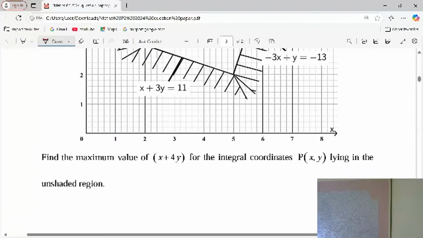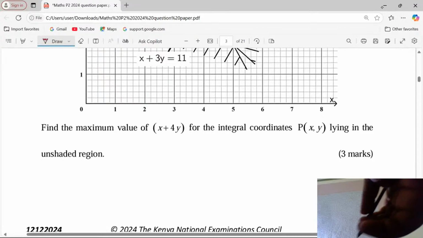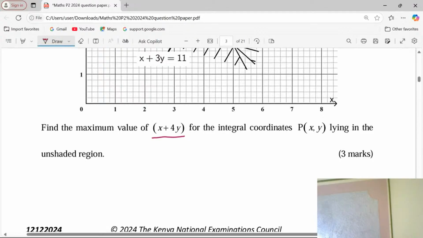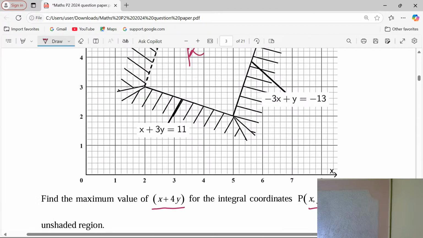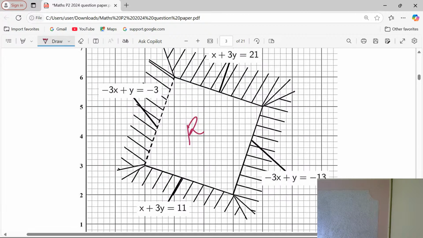Find the maximum value of x plus 4y for the integral coordinates P, which is (x, y), lying in the wanted region, the common region enclosed by the inequalities.